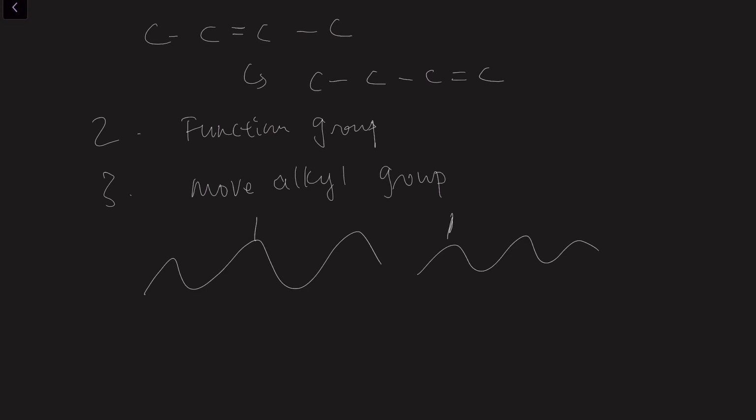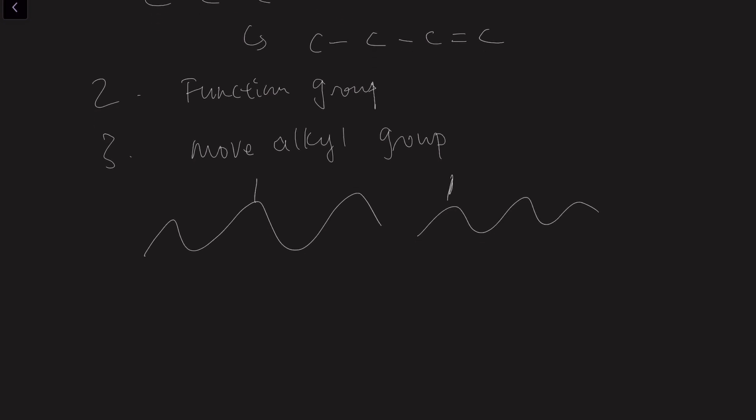And then you get some additional structural isomers. You can also remove, so if you have 5 carbons, you can remove this 1 carbon and then put it at the middle to form additional structural isomers.